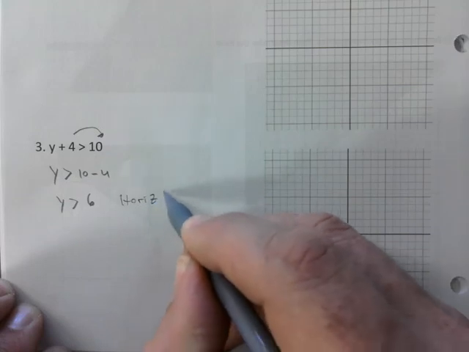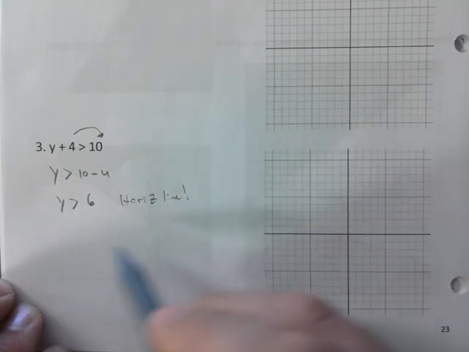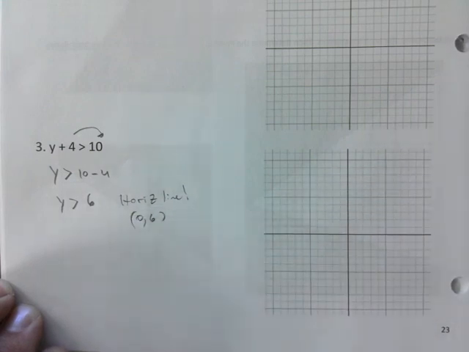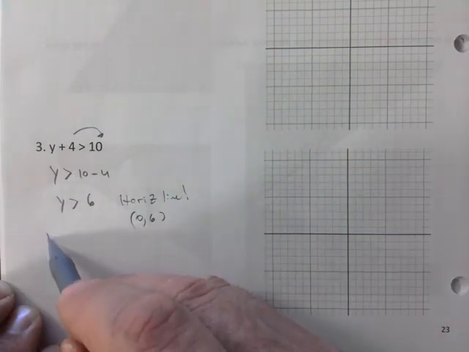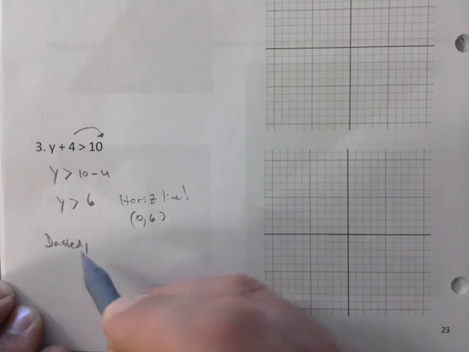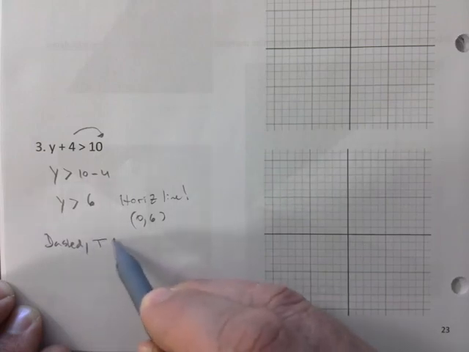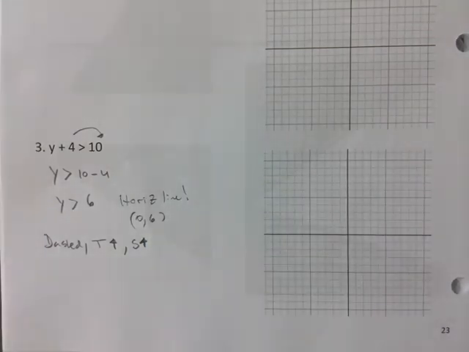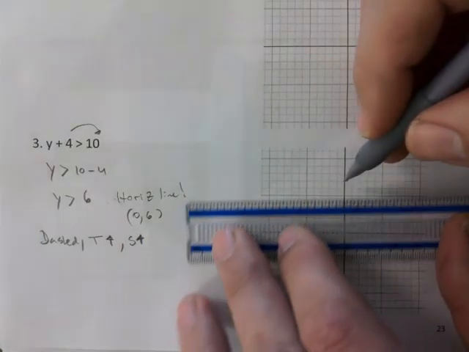So horizontal line. Goes through (0, 6). So dashed. True is where? Above. We also shade above. So just go to 6.